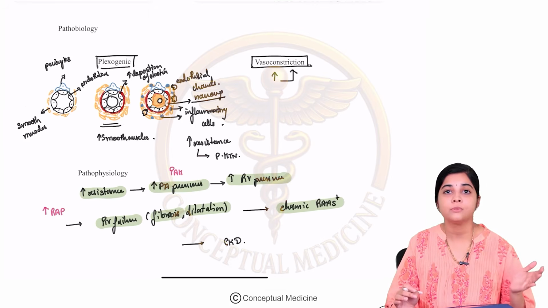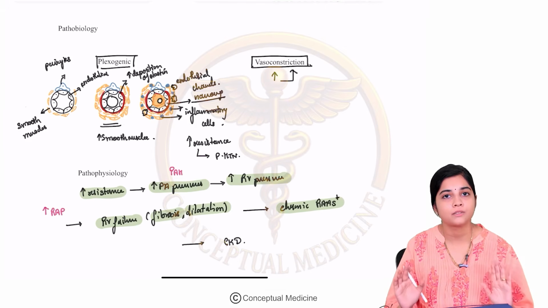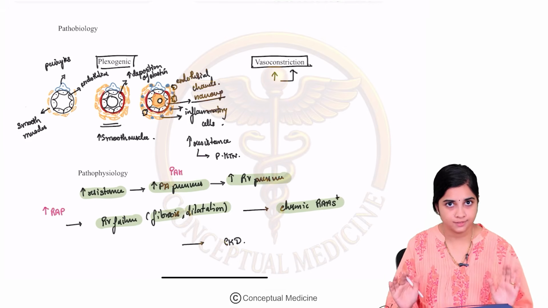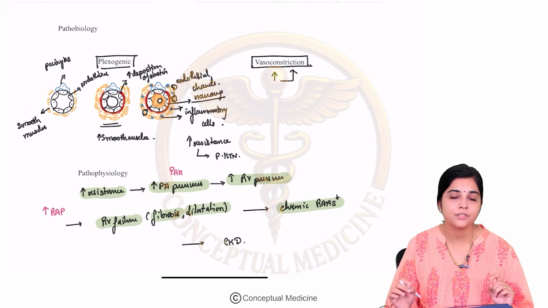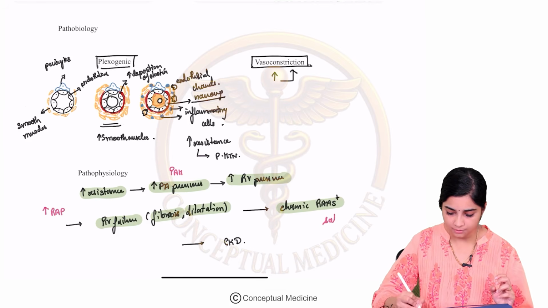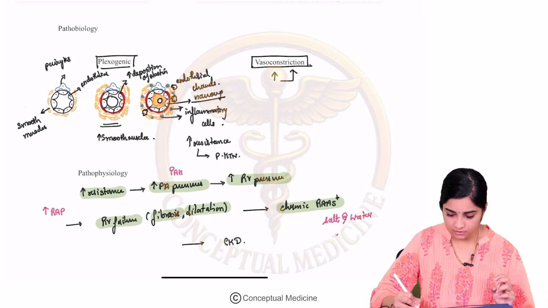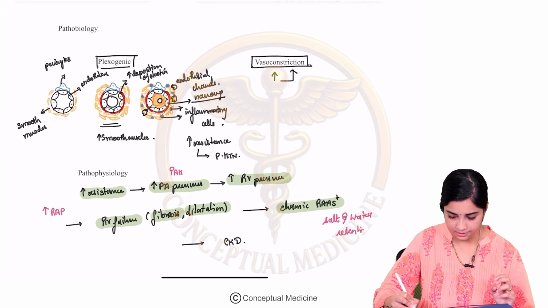It is going to recognize that there is not adequate pumping, that our body is not in a volume sufficient state. Hence, chronic stimulation of the renin-angiotensin-aldosterone system is going to cause salt and water retention.